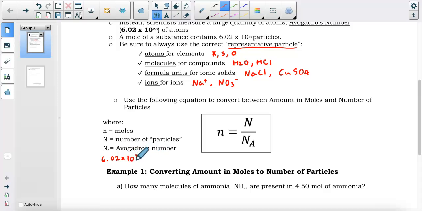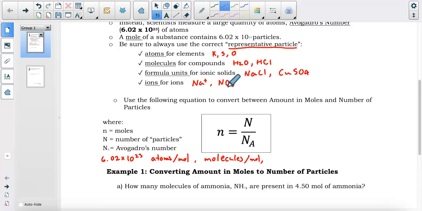The units for this will also be changing depending on your question at hand. The units for this might be atoms per mole. Let's say you're dealing with a compound, so these units may change to molecules per mole.